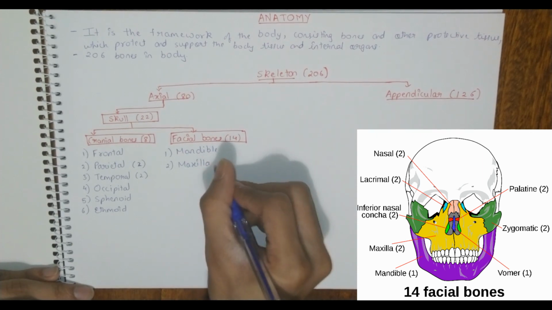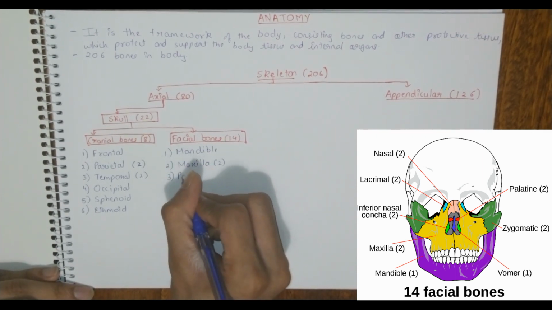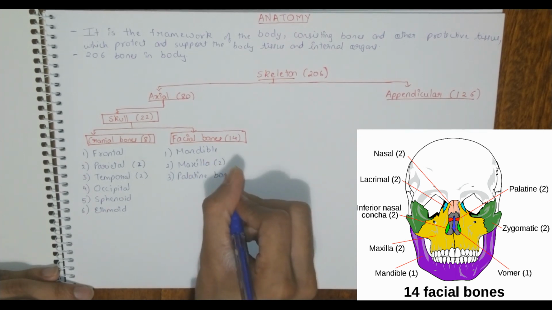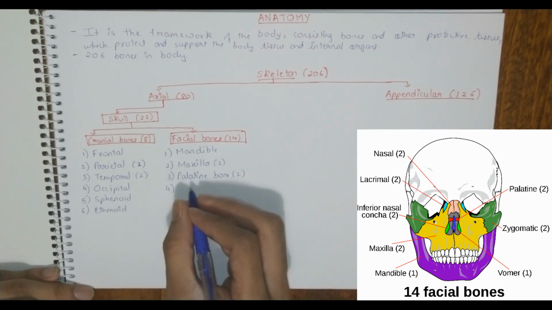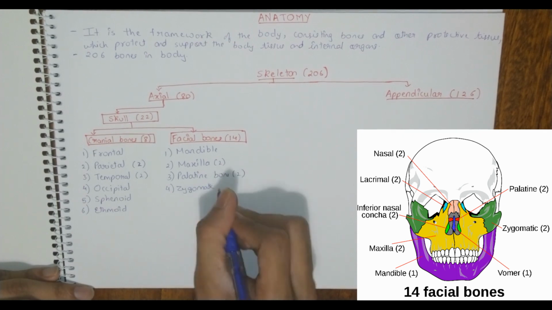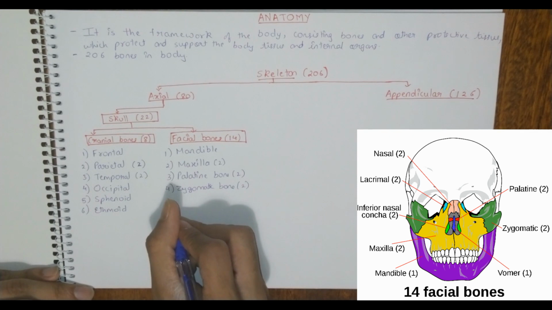Then maxilla, which is 2. Palatine bone, again 2. Then zygomatic bone, 2.